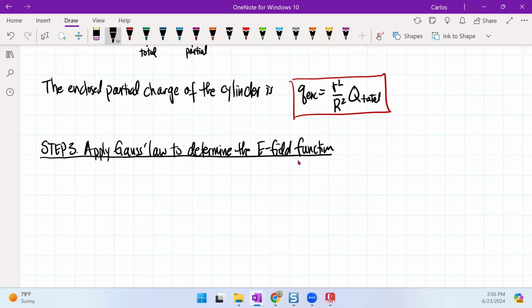Now we combine steps 1 and 2, and it looks like this.